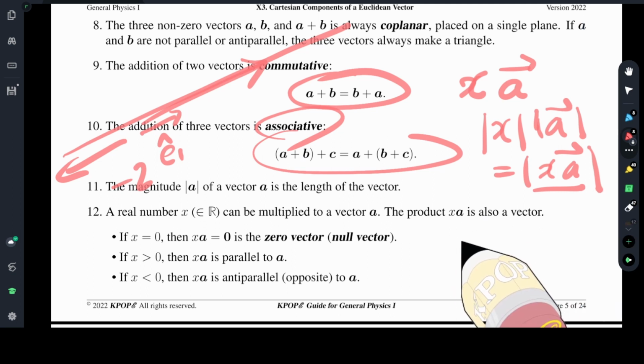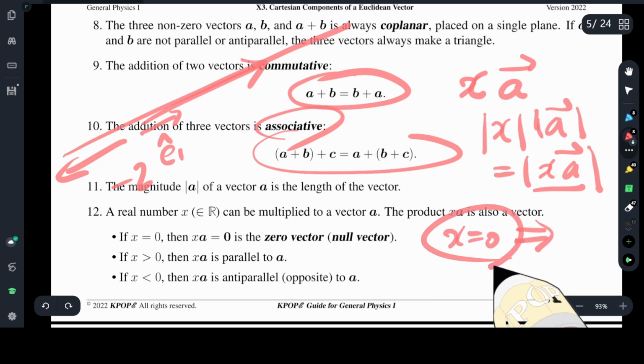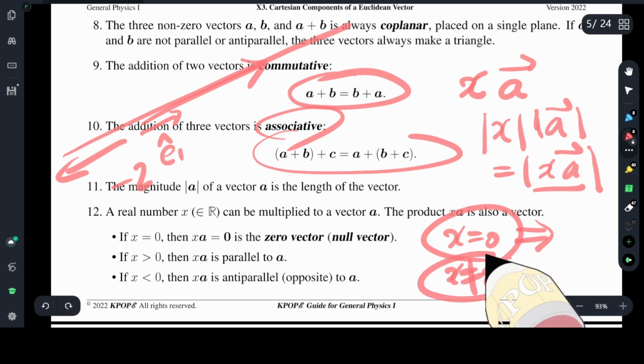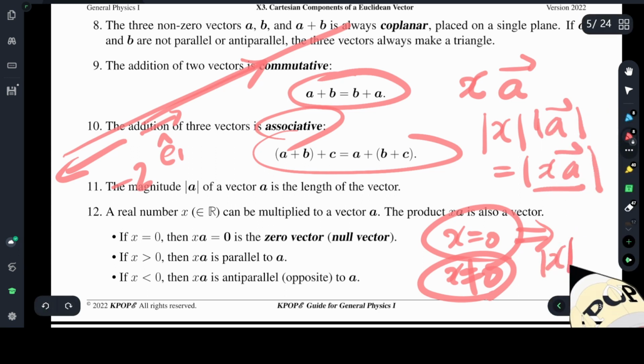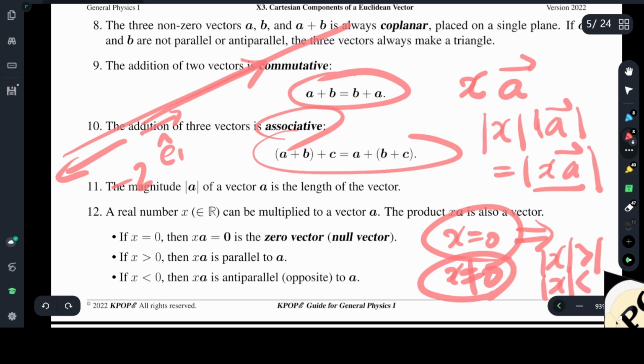If x equals 0, the length becomes 0. If it's non-zero, it changes the length. If the magnitude is greater than 1, the length of the vector increases. If the absolute value is less than 1, the length decreases.